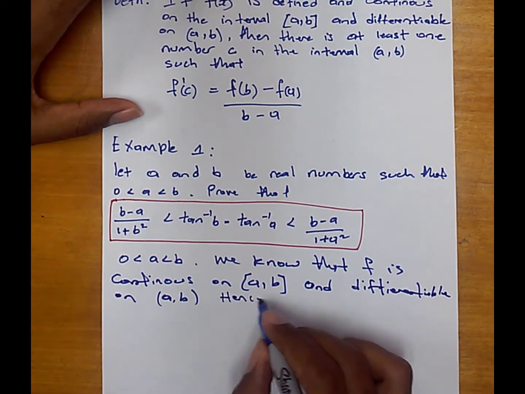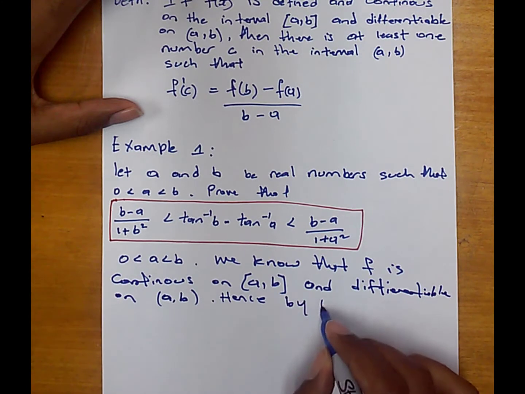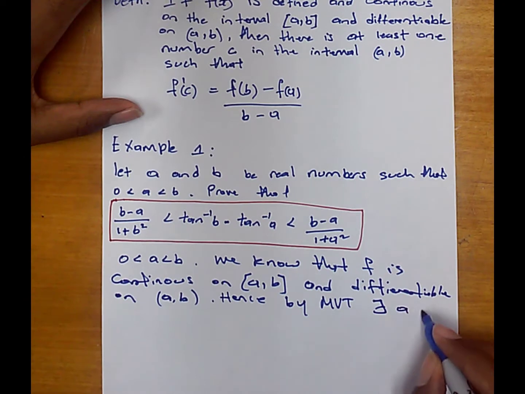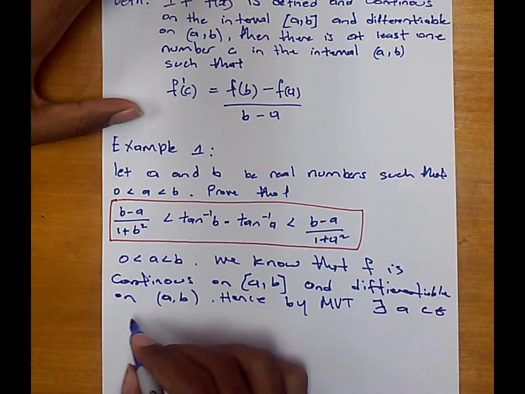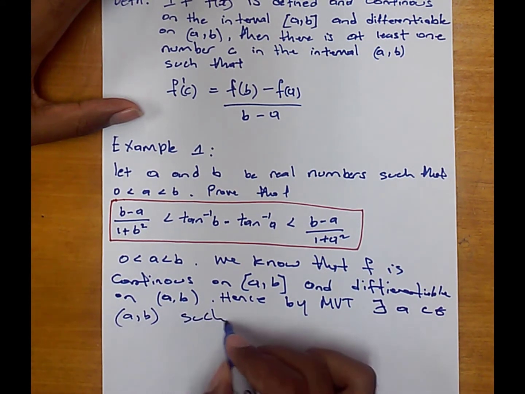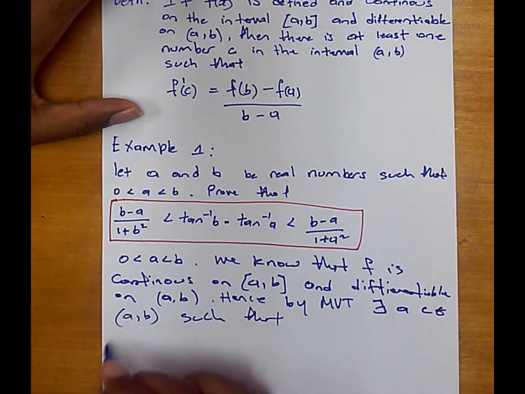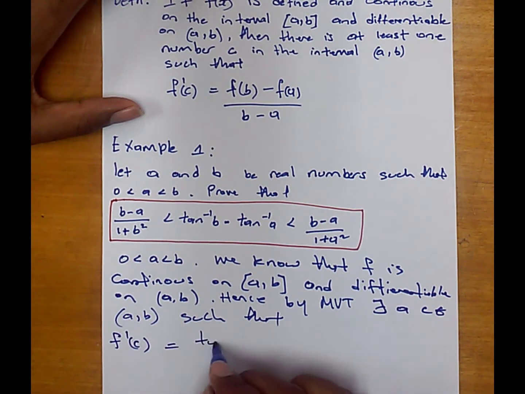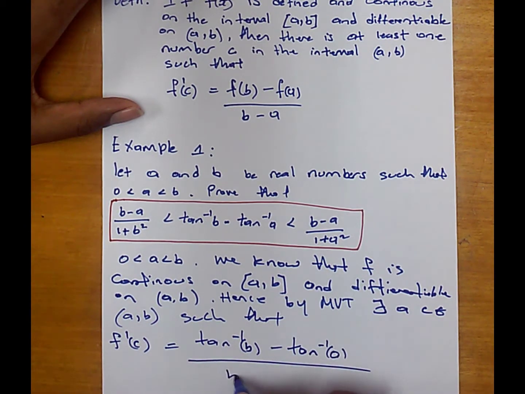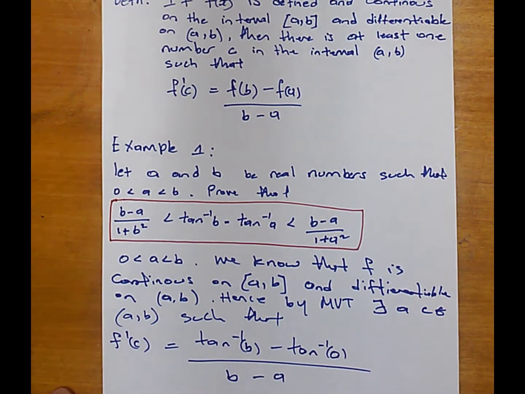Hence, by MVT, there exists a c in (a, b) such that f prime of c is equal to tan inverse b minus tan inverse a over b minus a.